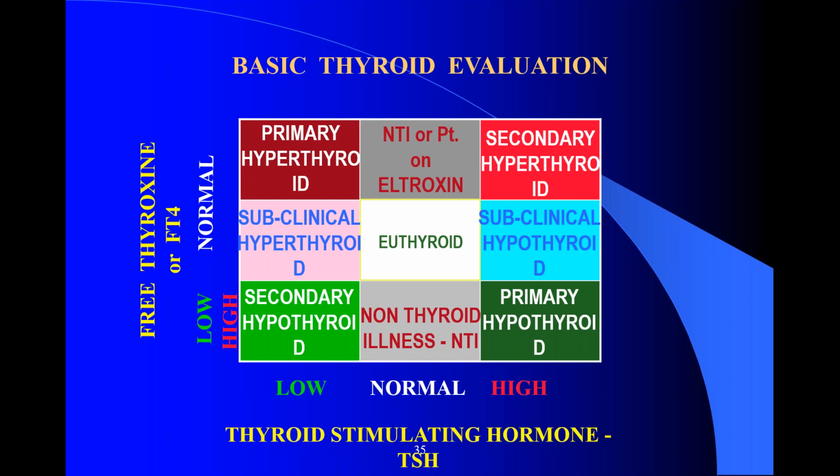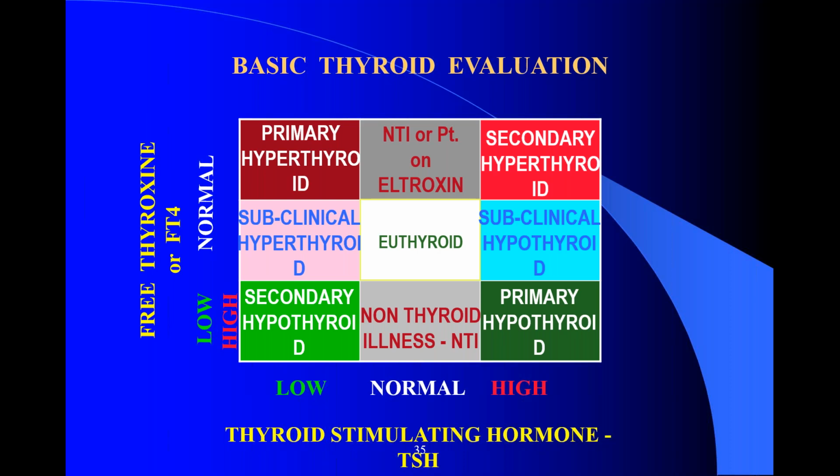What do you understand by primary and secondary? We are discussing the thyroid. So if there is primary disease of the thyroid, it is primary thyroid, hypo or hyper. If the disease lies above, like in the pituitary or hypothalamus, in that case, this condition will be called secondary. Like in a case of panhypopituitarism, TSH is also low.